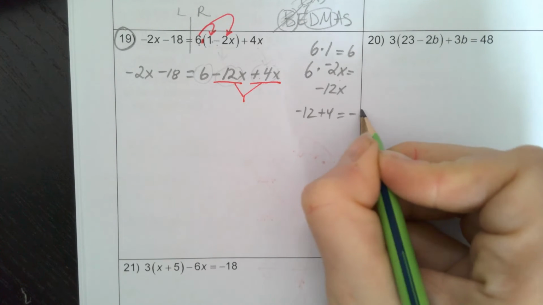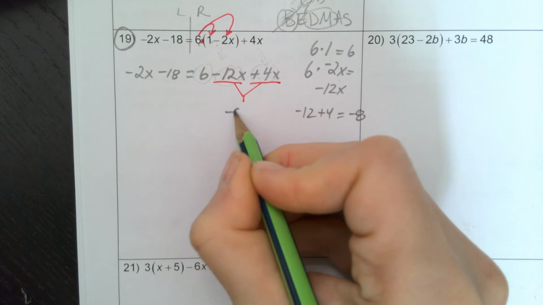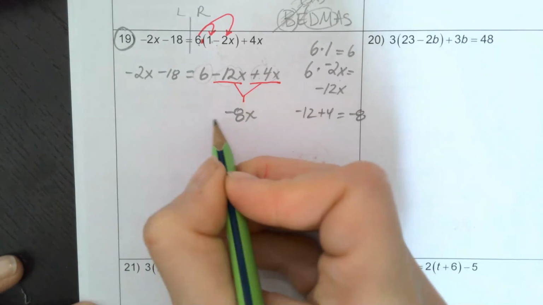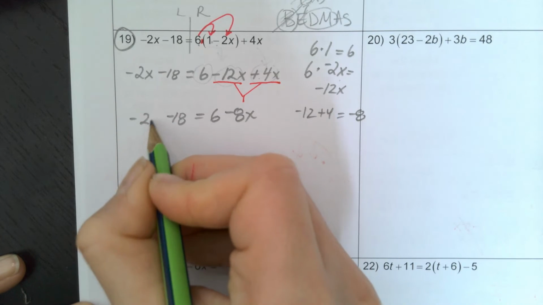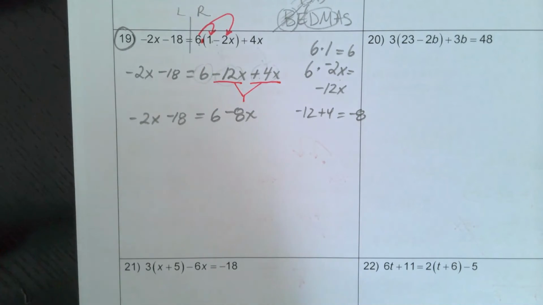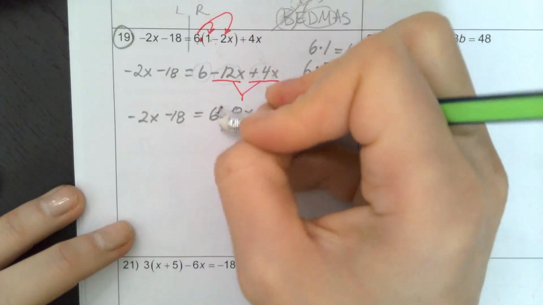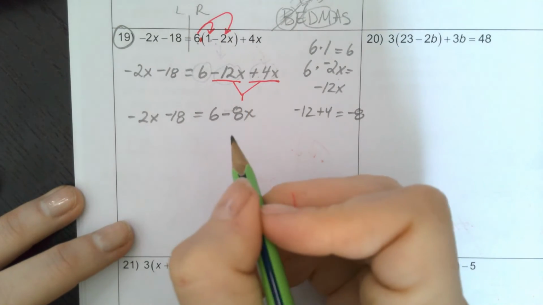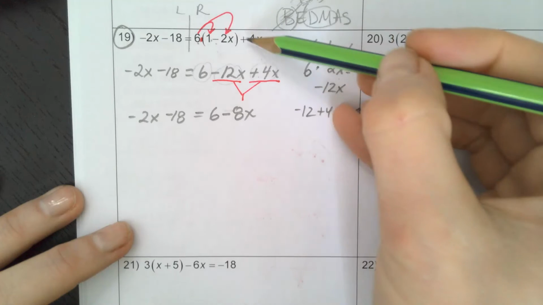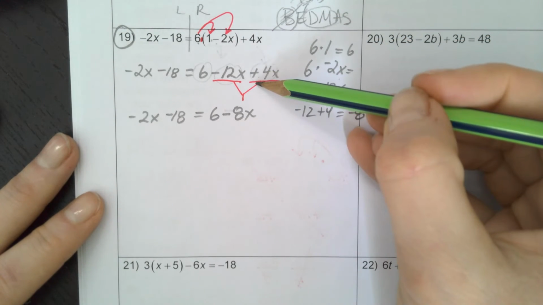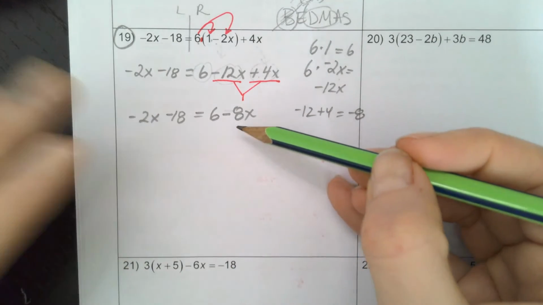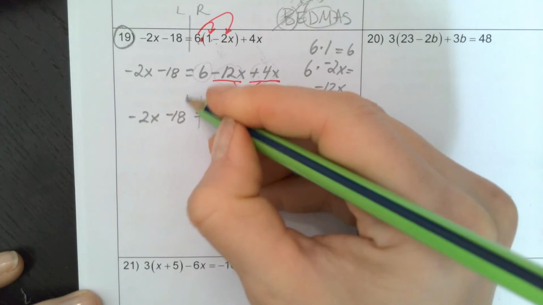That means I lose 8. So I lose 8x. I still have my 6 here. I have my 18 and my negative 2x. Now it looks kind of normal. Now we can start solving it. So when it looks messy and big and weird, use the BEDMAS rules to make it more simple. And then once it looks like this, then we can start solving it.